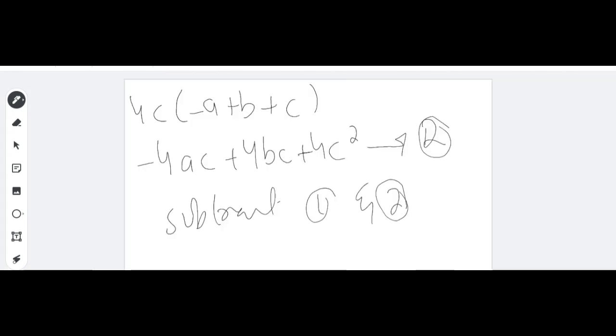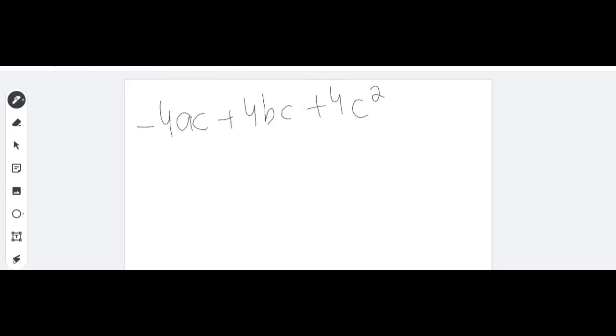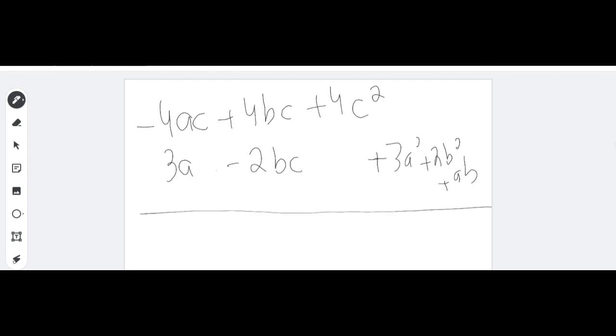So it will look like this. I have the ac, that is plus 3ac. I have the bc, but that is 2bc. I don't have another value, so I will write that here, not under them. 3a square plus 2b square plus ab. Understood? Any question? No, ma'am.